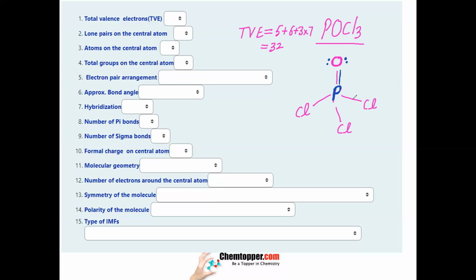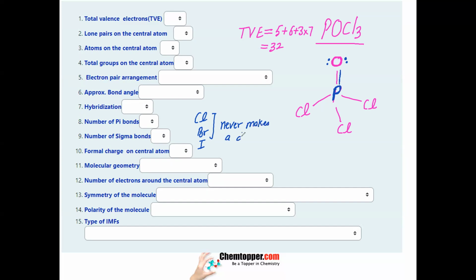But chlorine will not make a double bond now because it's not the central atom. This also you can write down somewhere. Chlorine, bromine, iodine never makes a double bond just like fluorine if they are not the central atom.